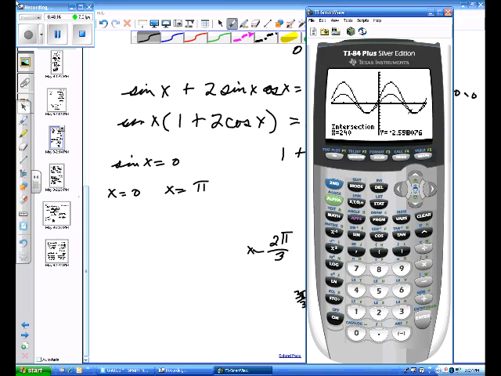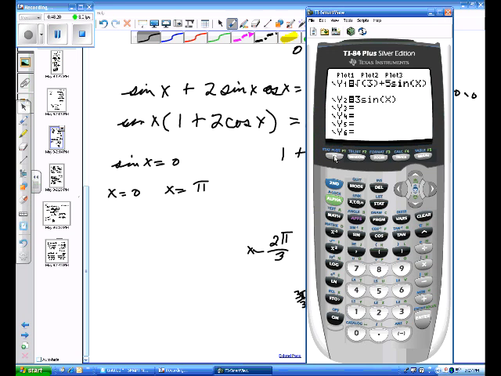So we can take our calculator. Now we're going to do from negative 360 to positive 360, and in fact we could actually do from 0 to 360. So for our first one, let's just clear both of those out. Now this equaled 0. So we could put in sine x plus 2 sine x cosine x.